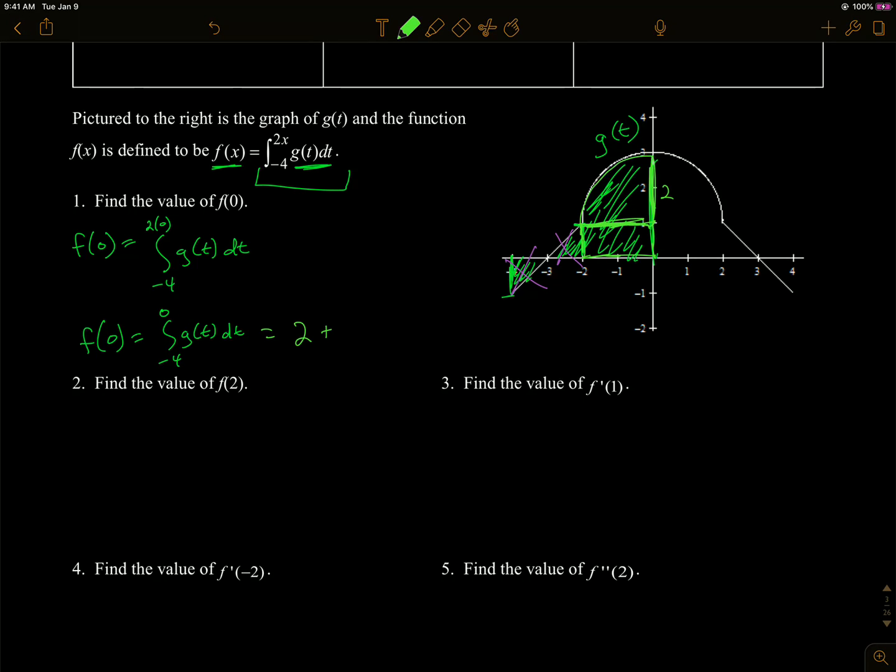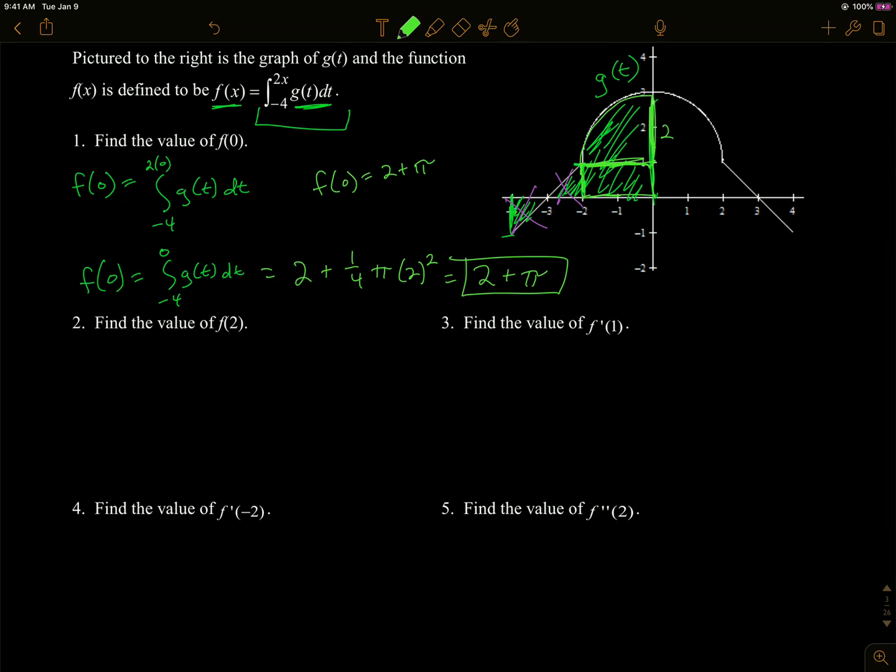So I'm doing a quarter of pi r squared. And that's going to come out to be 2 plus pi. All right, so that's the value of f of 0. F of 0 equals 2 plus pi.